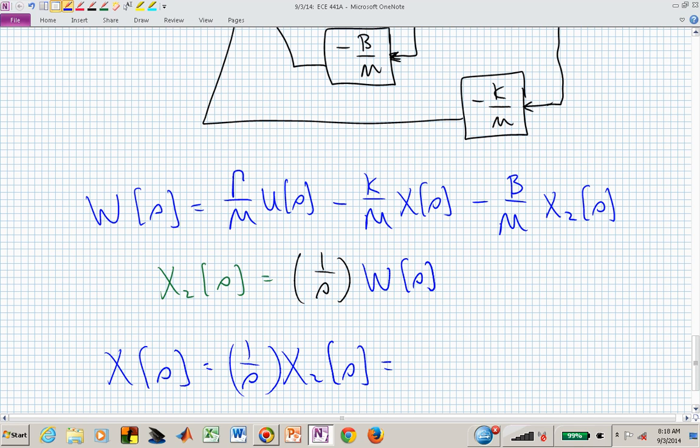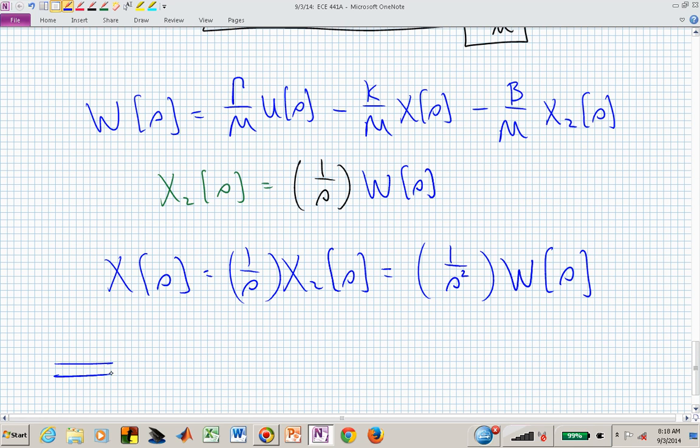But I now have X sub 2 of s in terms of W, and I want an equation that relates X and W. Let me replace X sub 2 with 1 over s times W, and now I have 1 over s squared times W of s. Which allows me to say that anywhere I had W of s in my equation before, I can replace it with s squared X.